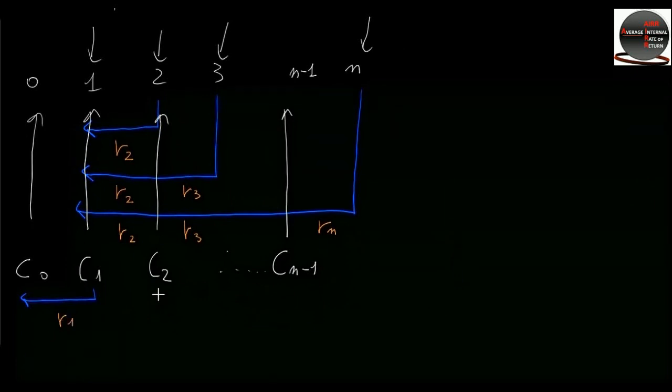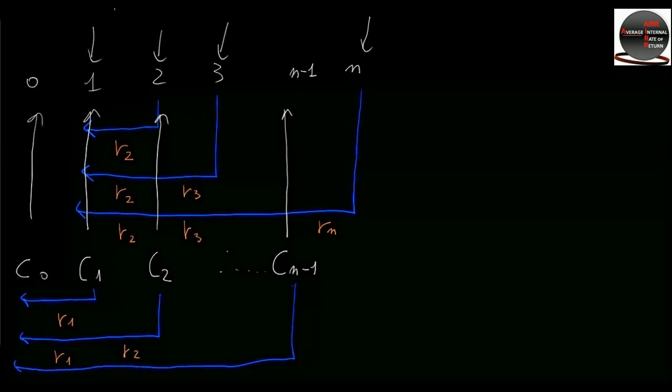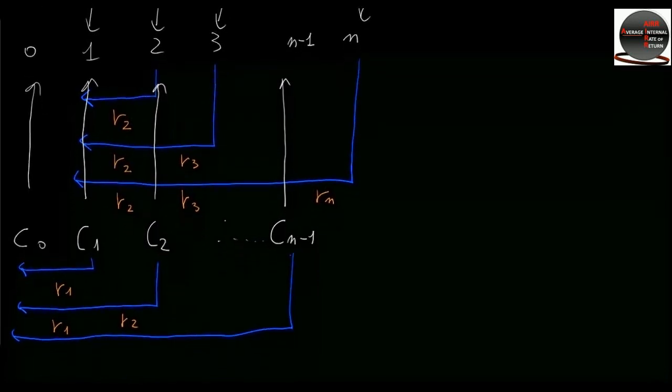Then we have to discount the third capital, C of 2, from time 2 to time 0, so we will use R of 1 and R of 2, and so on until the last capital will be discounted from time n minus 1 to time 0. So we will use R of 1, R of 2, R of 3, and so on, and the last is R of n minus 1.